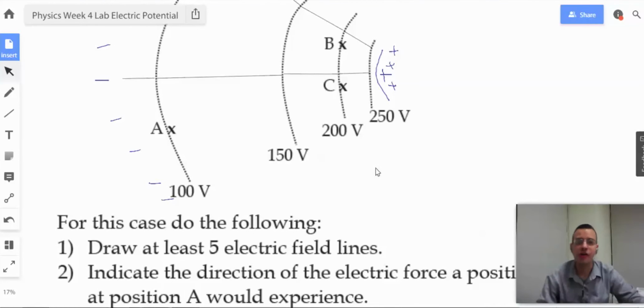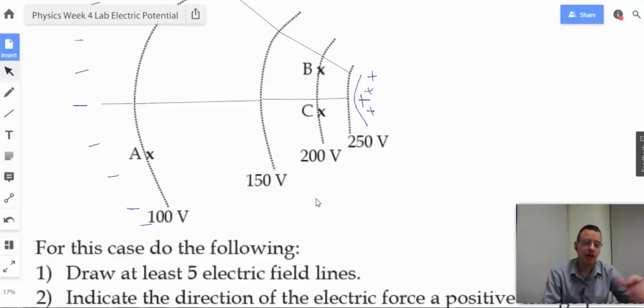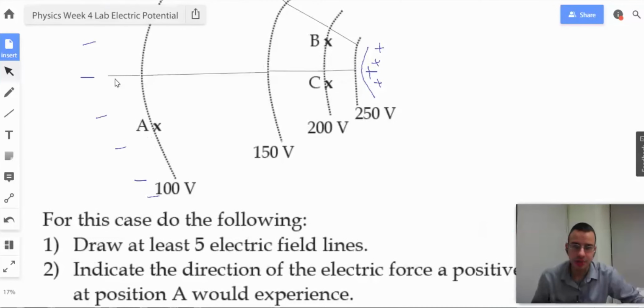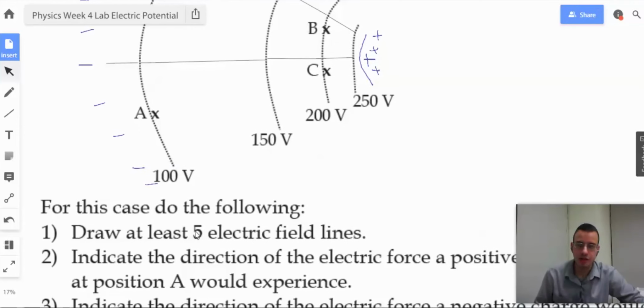I refer to electric potential as electric potential energy difference. Up here we'd have a lot of potential energy, because if we had a positive charge next to all these positive charges, it would shoot off in this direction and convert all that potential energy into kinetic energy. At this point it would have very little potential energy, but plenty of kinetic energy to make up for that. All right, so I drew 2 of them, draw some more.